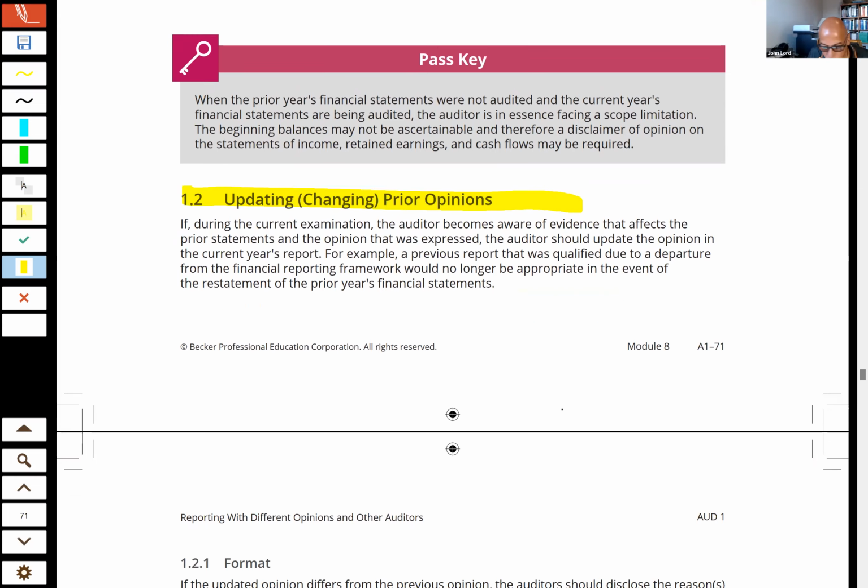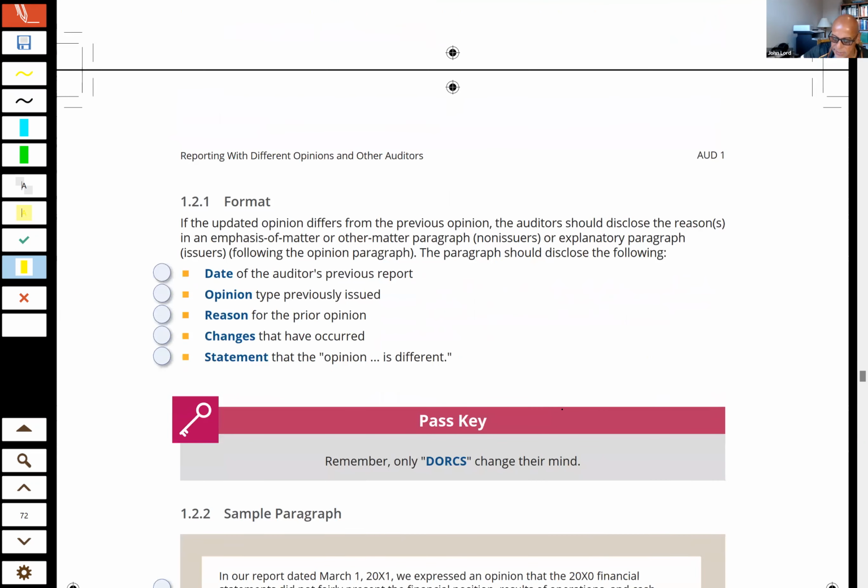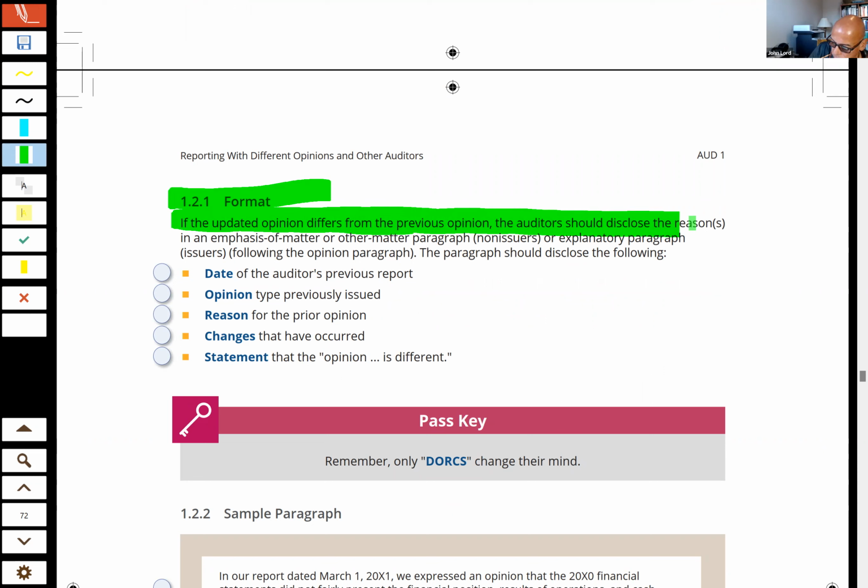So what we want to do is understand the format, and you know that I'm not the biggest fan of Becker mnemonics, but I do like this one. First, let's take a look. The updated opinion differs from the previous opinion. The auditor should disclose the reasons in an emphasis of matter paragraph for a non-issuer or an explanatory paragraph for an issuer, and we have to contain the following in that paragraph.